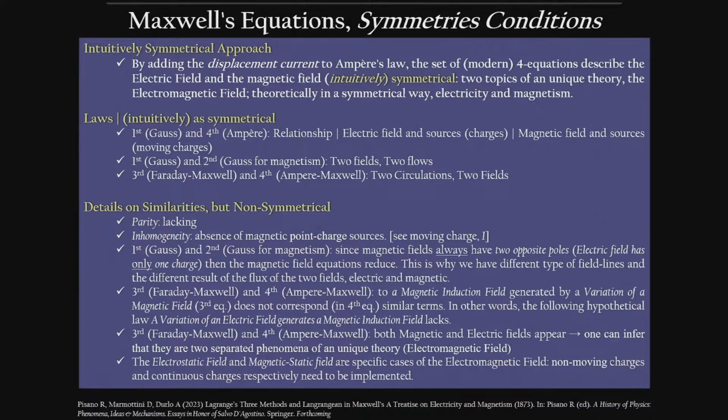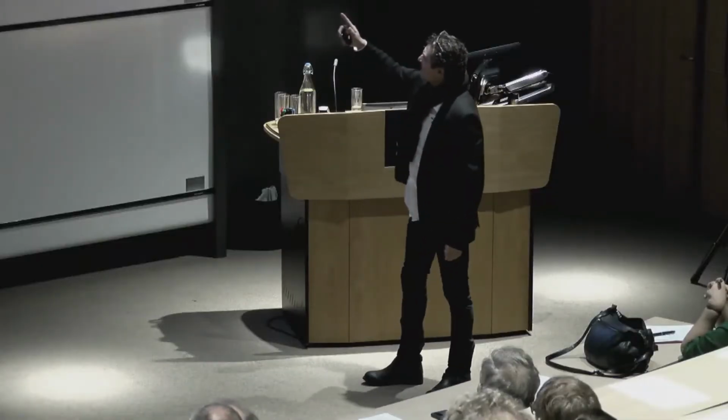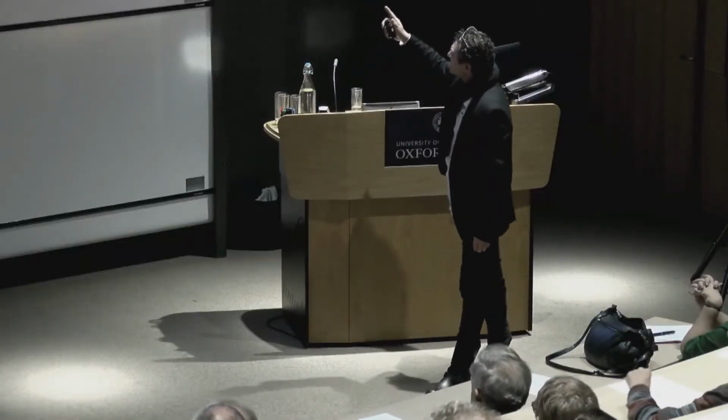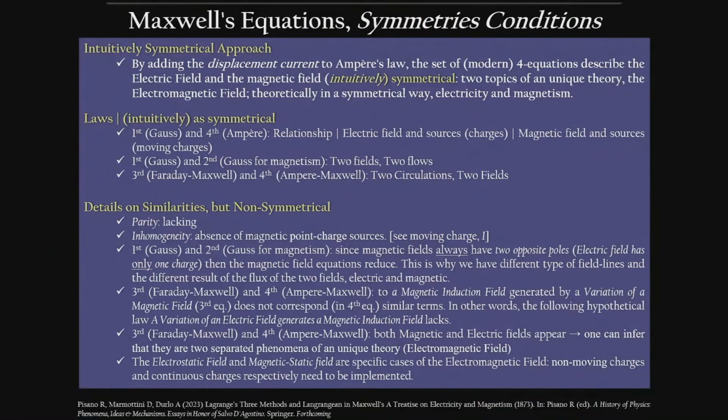We have an absence of magnetic point charge source, because we have a moving charge, so the charge in movement produces electric current. In the first and the second, since the magnetic field always has two opposite poles, the magnetic field equation reduces. This is why we have, for example, different types of field lines and different results of flux.